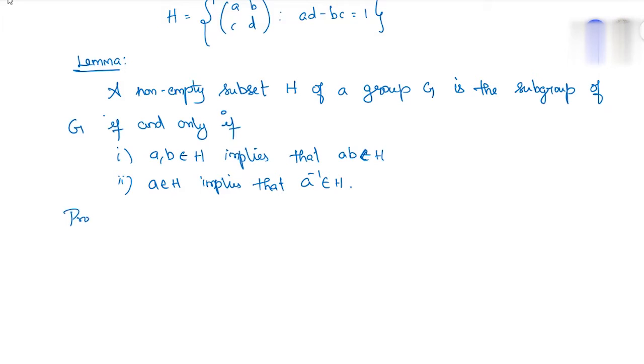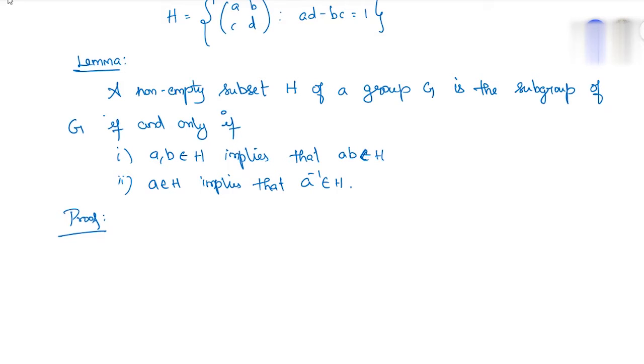So we are going to prove this. The proof is very simple. Let me explain the lemma. A subset H of a group G is a subgroup of G if and only if A, B belongs to H implies that AB belongs to H, which is nothing but the closure property, and the second is the inverse property.